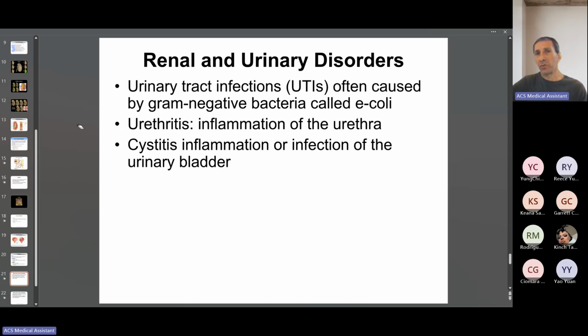URI, like the flu, the common cold, is the most common condition of the respiratory system. Anemia, the most common condition of the circulatory, the blood system. Because these are the things that we need to know.